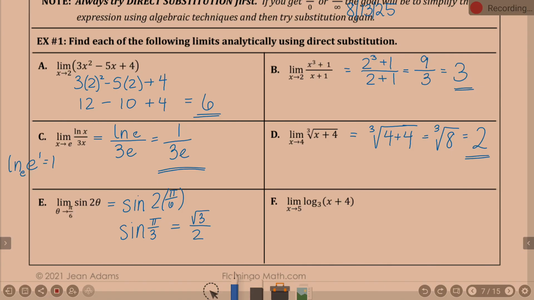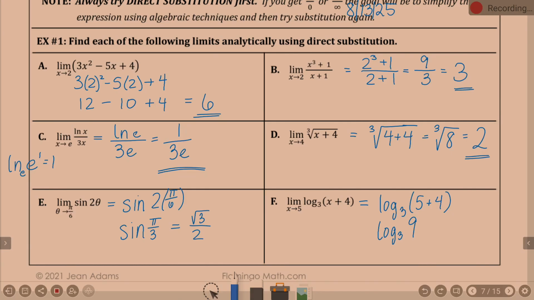Okay, what about F? Should be log of 3. Yeah, 5 plus 4, which would turn into log base 3 of 9.